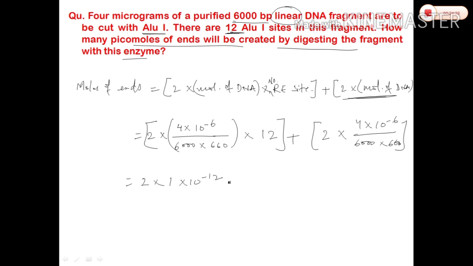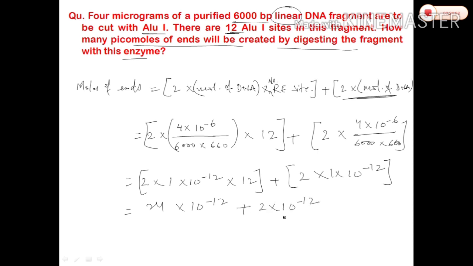When you simplify this, it would be 2 into 1 into 10 raised to the power minus 12 into 12, plus 2 into 1 into 10 raised to the power minus 12. So you will get 24 into 10 raised to the power minus 12 plus 2 into 10 raised to the power minus 12, which is 26 into 10 raised to the power minus 12. That means 26 picomole.